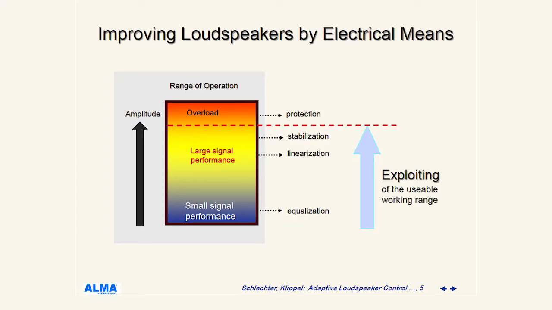How can a DSP, or signal processing, be used to operate the loudspeaker over the complete available operation range? Of course, at small signal performance, we can apply some equalization. But if we get to large signal performance and we would like to have equal or acceptable sound quality, we would like to have some linearization of the loudspeaker.